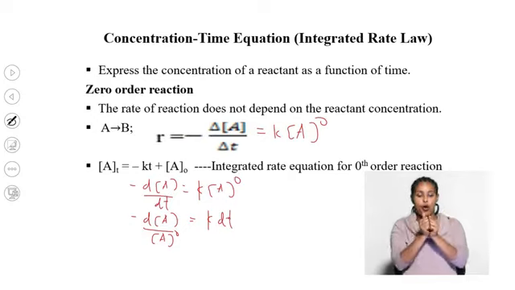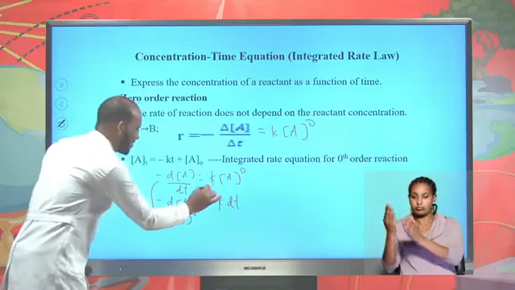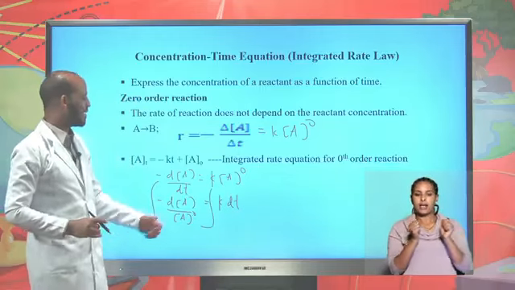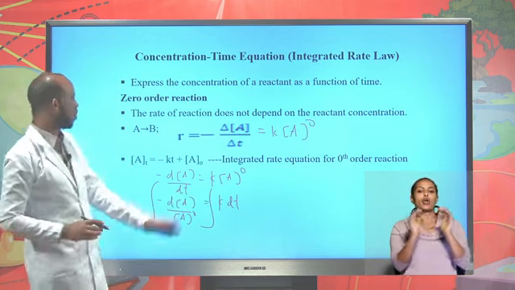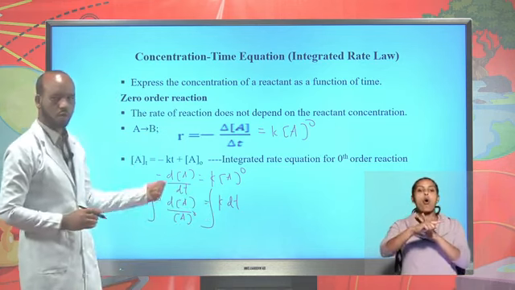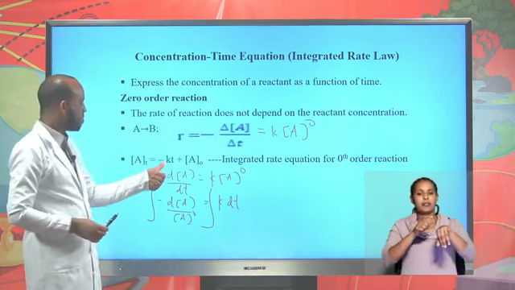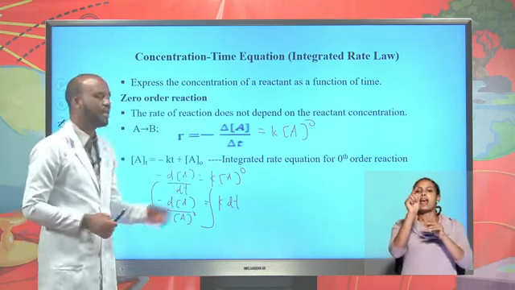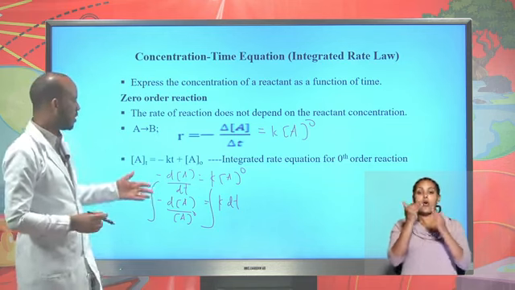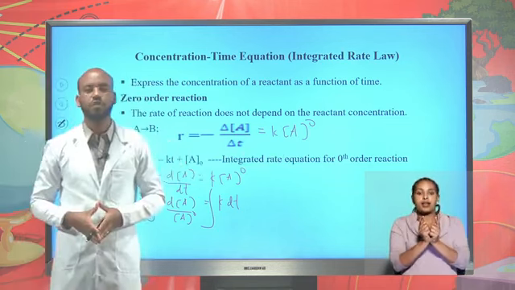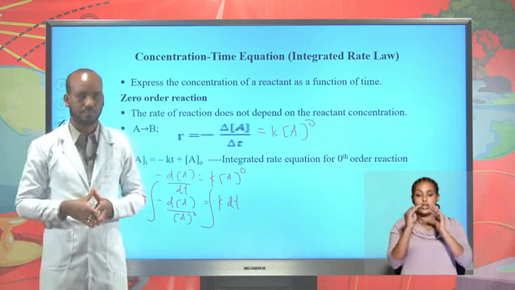Integrating both sides, we get an integrated equation for zero order reaction: concentration of A at any time t equals minus kt plus initial concentration. Now this is integrated rate equation for zero order reaction.